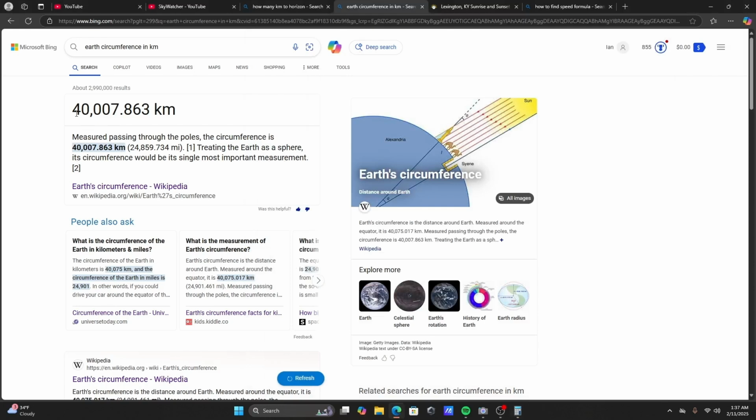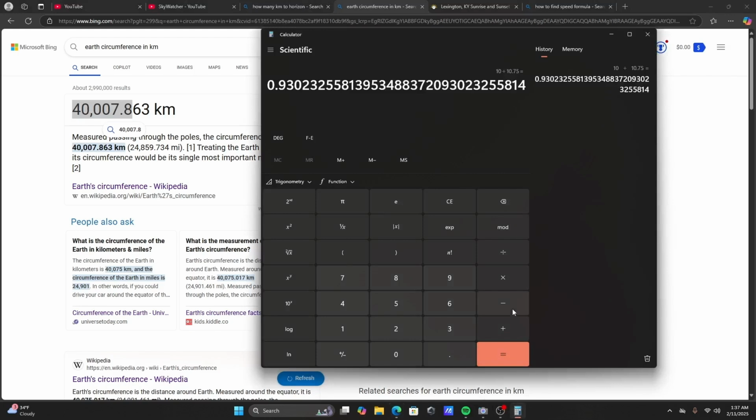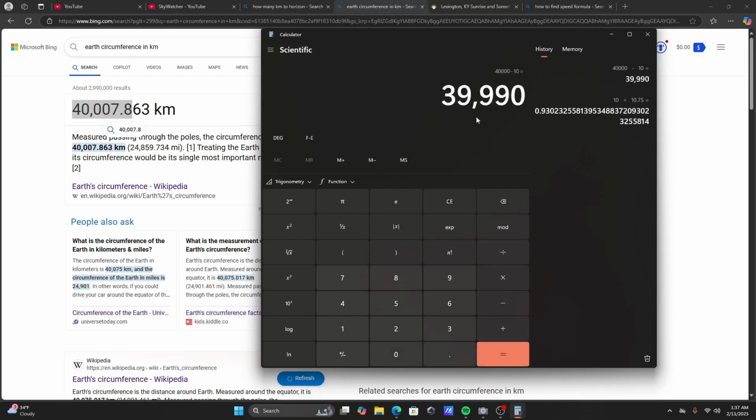So we've got 40,000 kilometers minus the 10 that it basically took 11 hours to travel. So we've got 39,990 kilometers. That's our distance.